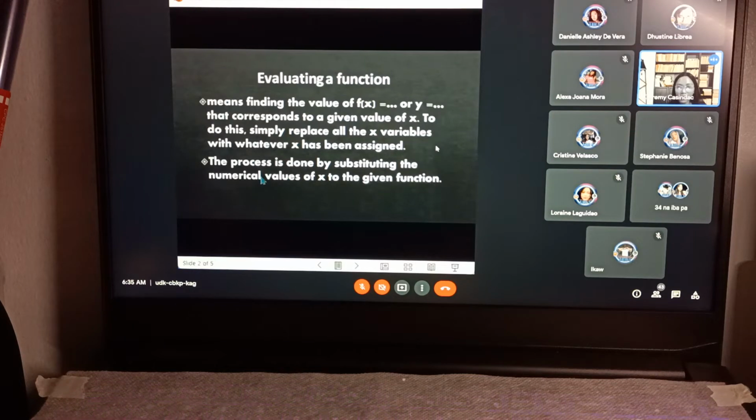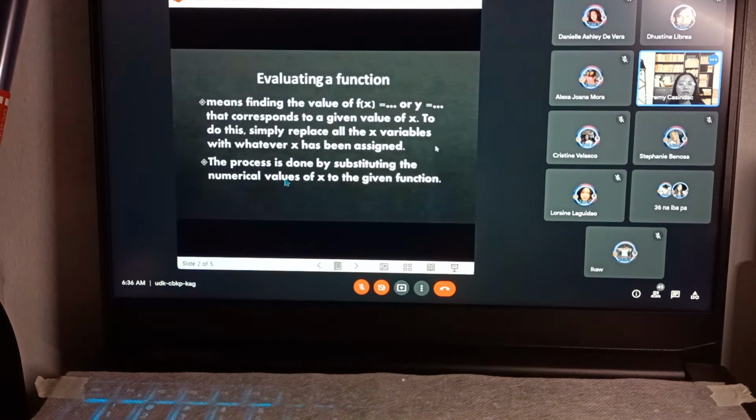Then, the process is done by substituting the numerical values of x to the given function. So it means to say, evaluating a function is all about substituting the value of the given x on the given function or an equation.